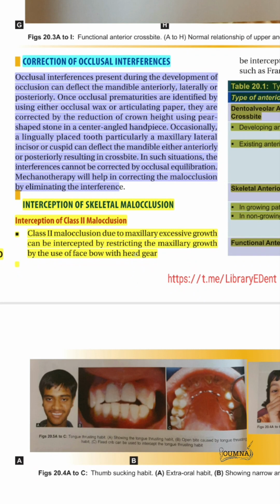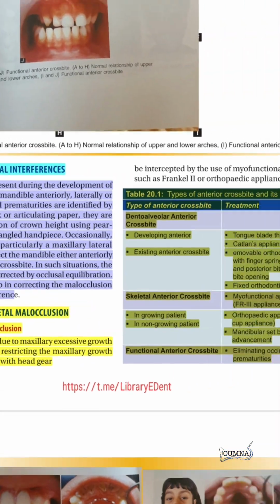We can do an interception of class 2 malocclusion that is skeletal. We know that class 2 malocclusion is due to the maxillary excessive growth, and it can be intercepted by restricting the maxillary growth by using the face bow with headgear.